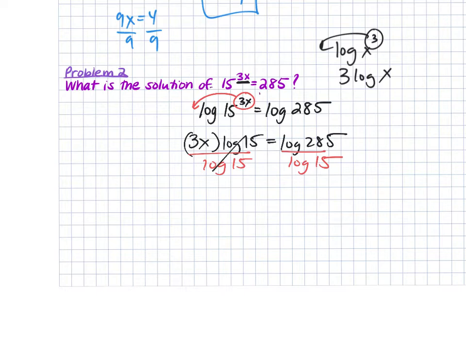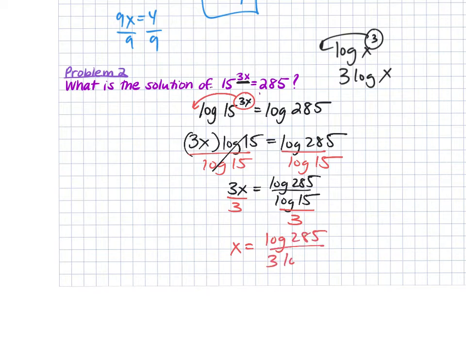This is 3x equals log 285 over log 15. Then you just divide both by 3. So x equals log 285 over 3 log 15. You can leave the answer like that. That's the exact answer. Or you can just put it in your calculator.